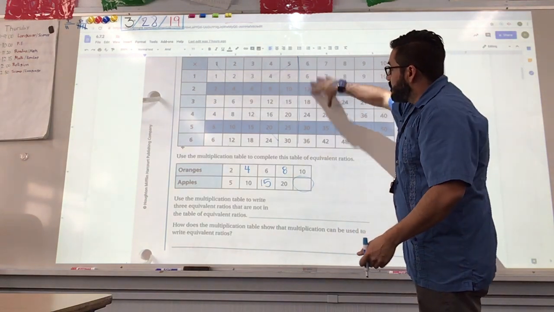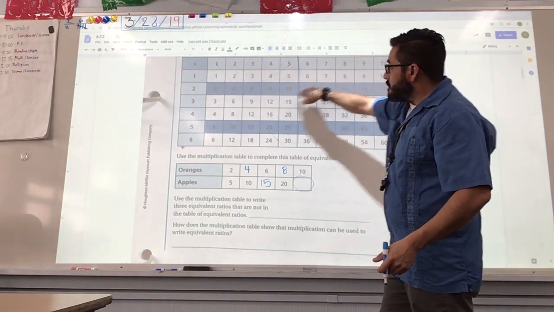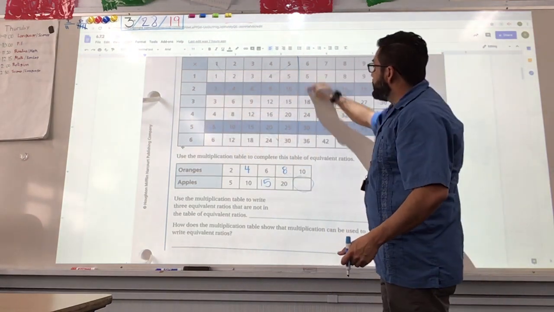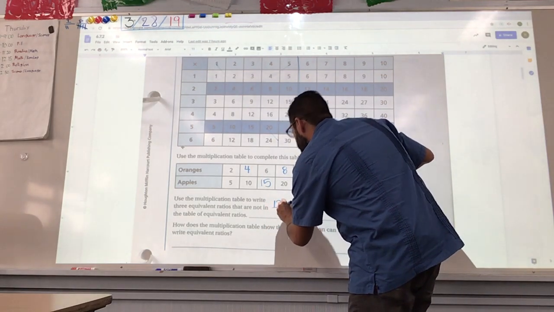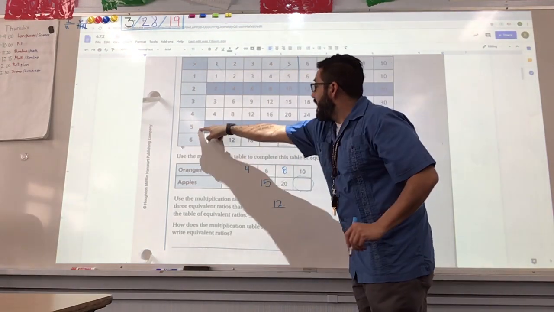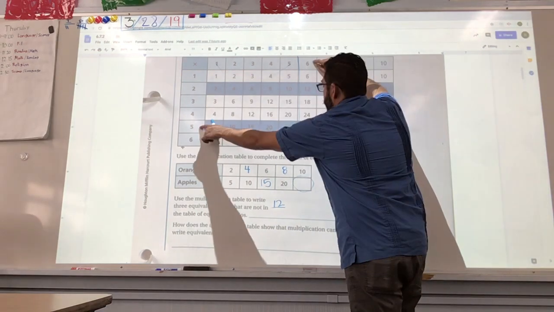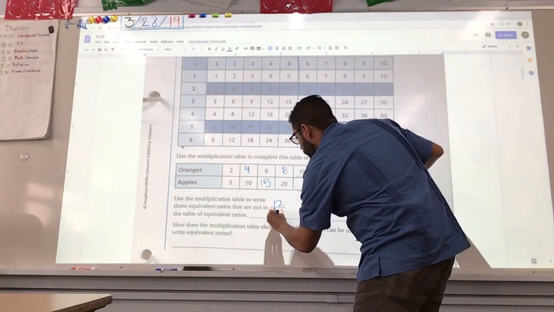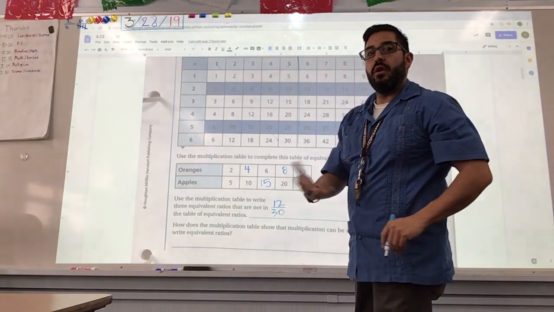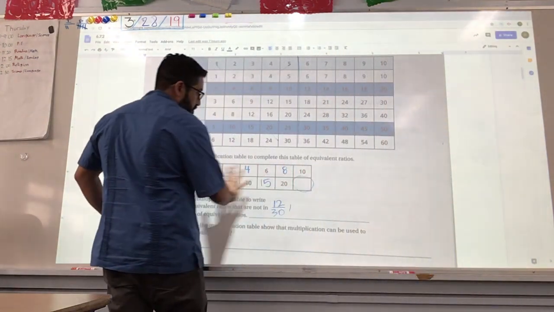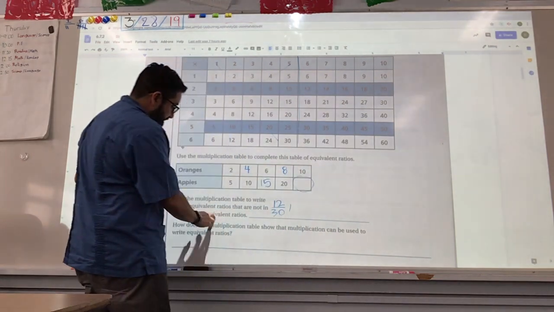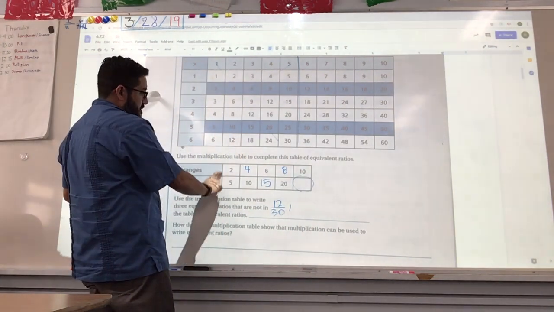So I'm just going to go straight for the 6. 2 times 6 is 12, and 5 times 6 is 30. So 12/30 is one ratio that is not included in this chart, but is equivalent to 2/5.